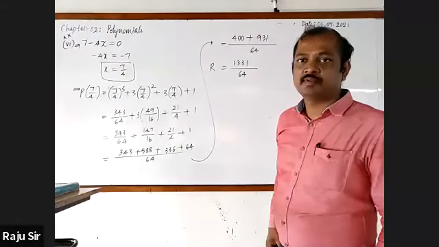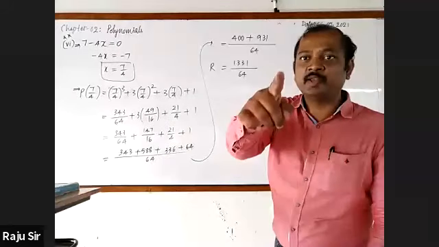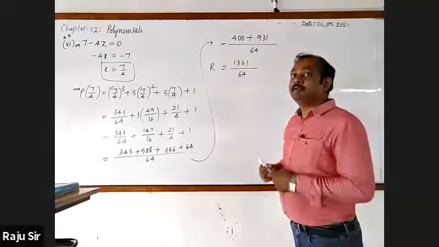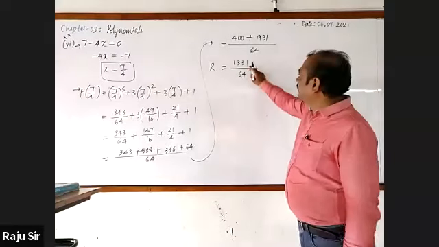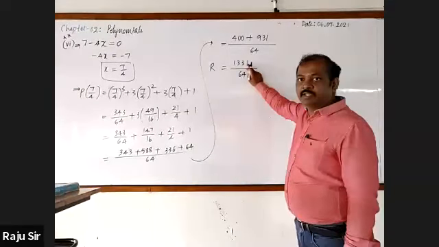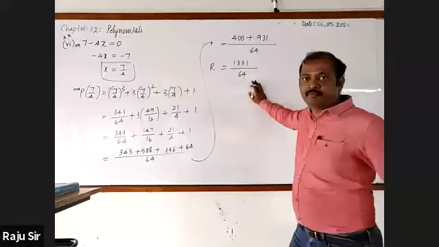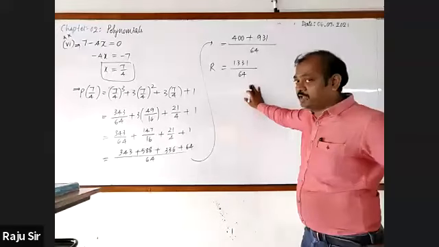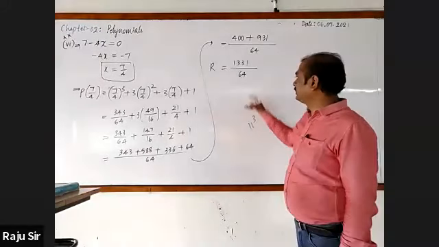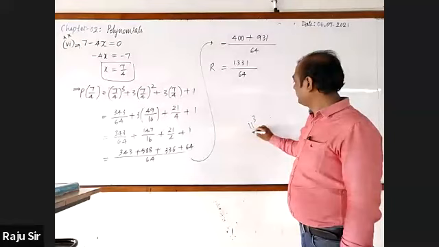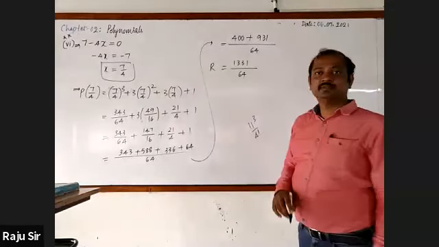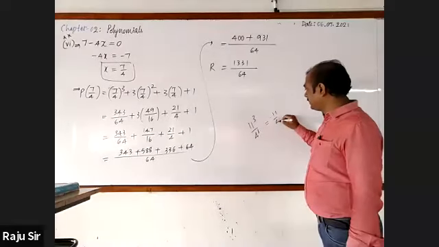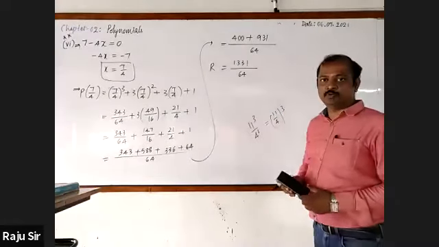Perfect cubes. 1331 is a perfect cube. It is the cube of which number? 11. And 64? 4. Then it can also be written as 11 by 4 whole cube.